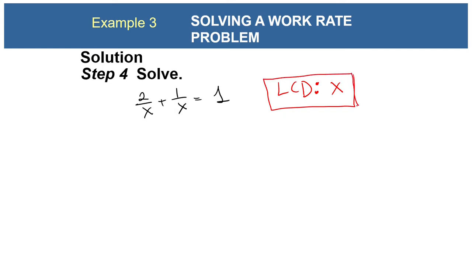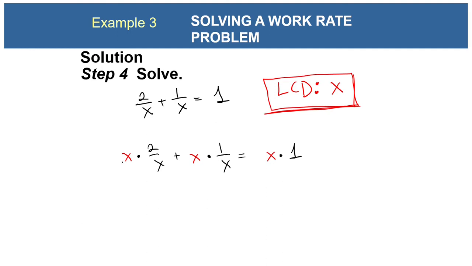So all we need to do is multiply every term by x: x times 2 over x, x times 1 over x, and x times 1. Again, the red part is our LCD, and the black part is our original equation.